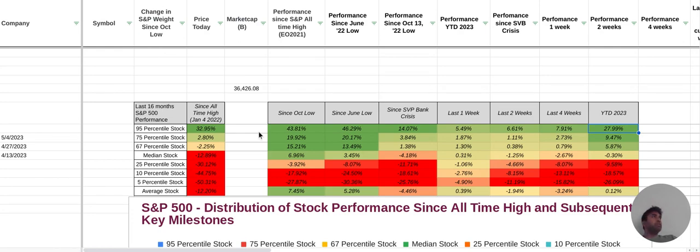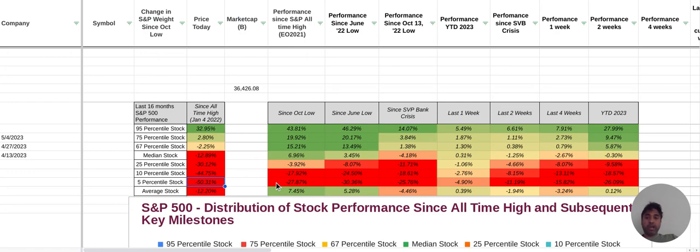The 25th percentile, so one quarter, right? Yes, 125 stocks are up 2.80% since the all-time high. So it's still 125 stocks that are up. Now, if I look at the worst percentile, like the bottom 25 stocks in the S&P 500, they are like 50% down, right?